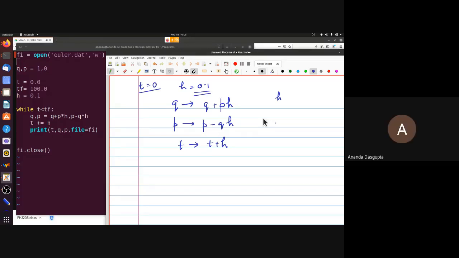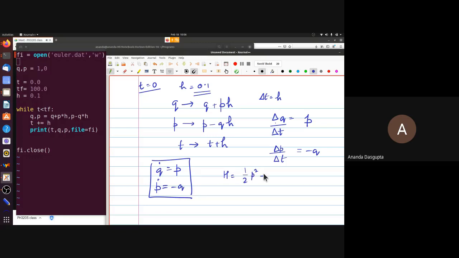What we are doing is solving the simple harmonic oscillator, basically because what we are saying is we are changing Q. If you look at delta Q by delta T, you are changing Q by PH and delta T, of course, changing T by H. So delta Q by delta T is P and delta P by delta T from the next equation is minus Q, which of course is a discretized version of the equations Q dot equal to P, P dot equal to minus Q, which all of you should realize are nothing but the canonical equations of motion for a Hamiltonian given by this, right?